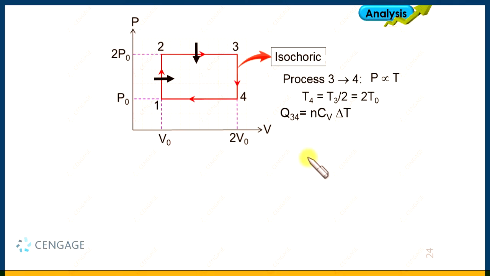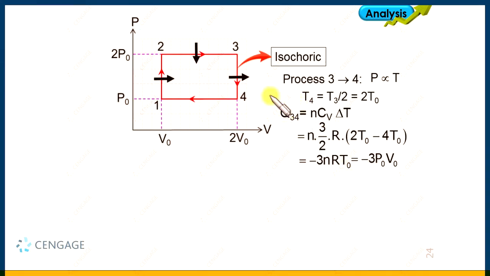So, this will be equal to n multiplied by 3/2 R multiplied by (2T0 minus 4T0), and this is equal to minus 3nRT0, and nRT0 equals P0V0. So, this value is going to be minus 3P0V0.